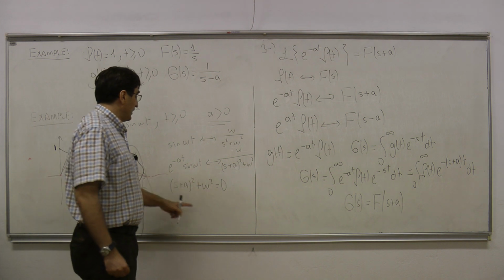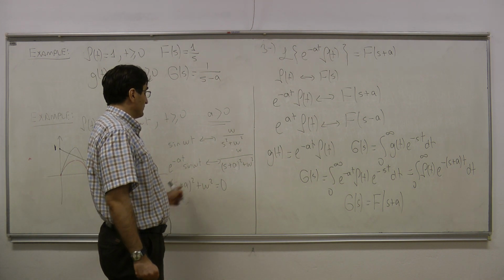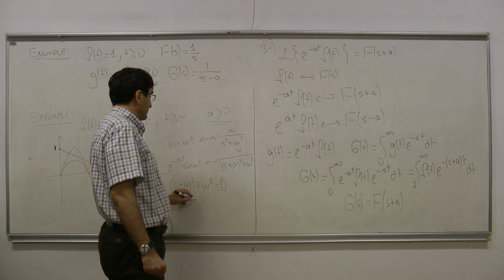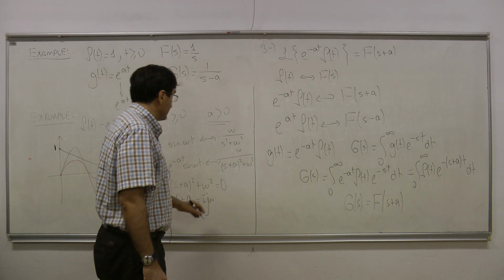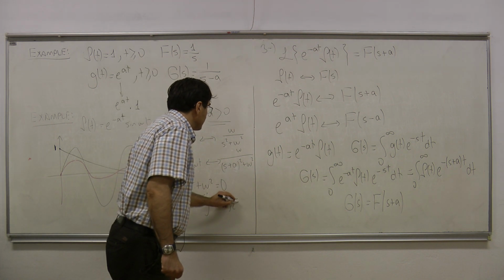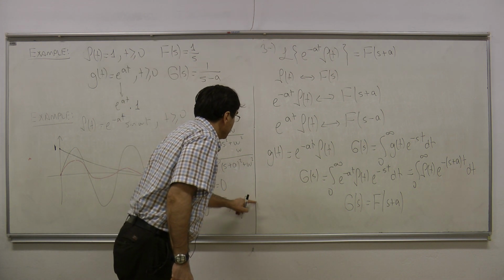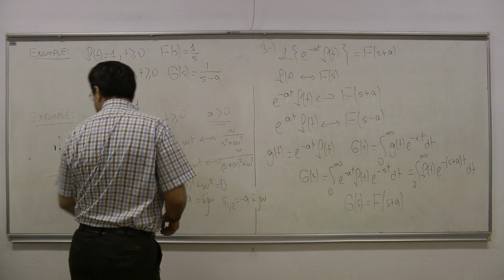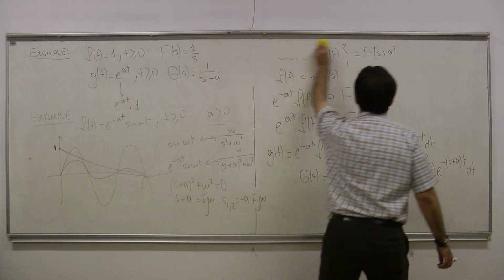So here I will take minus omega squared to the other side, and then I will take the square root of both sides. It is going to give me s plus a equals plus minus j omega, and therefore the poles are at s1,2 equal to minus a plus minus j omega. These are the pole locations of this Laplace transformation.